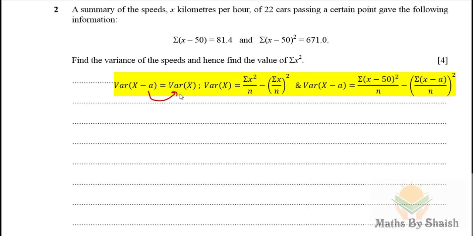So first we'll use this property because we are finding the variance of the speeds. So variance of x is the same as variance of x minus a.